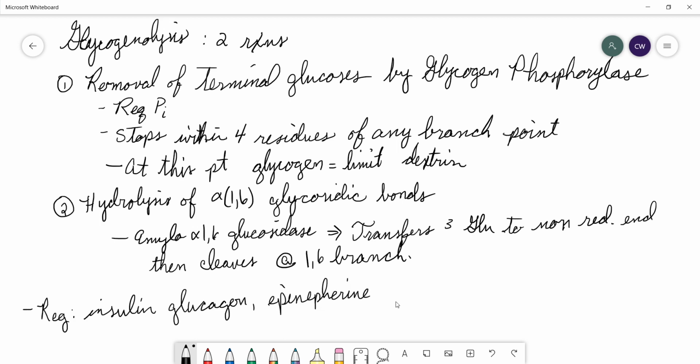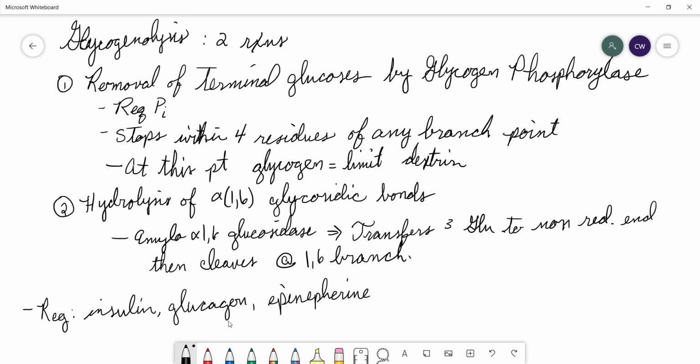And all the various allosteric molecules that you've learned up to this point all play key roles in the regulation pathway, right? So glucagon is released as blood glucose drops, right?